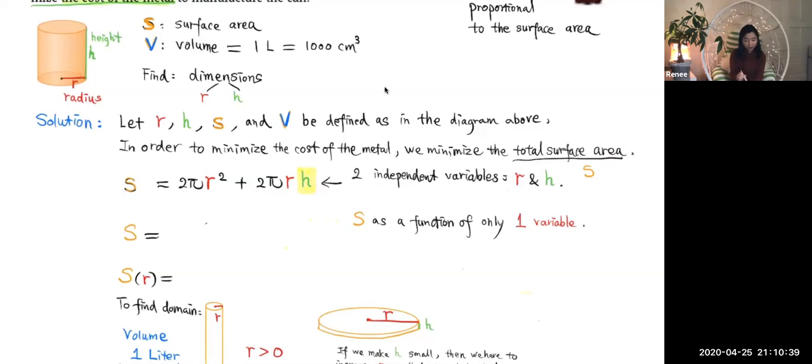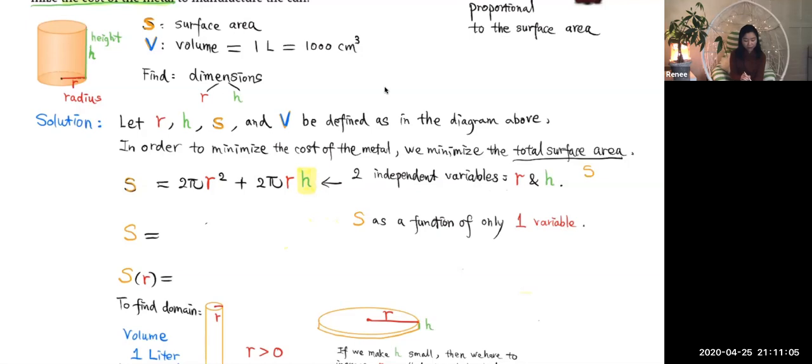However, we want to express this as a function of only one single variable, so we have to decide which one to keep, and express one of them in terms of the other. Then the surface area is a function of one variable only.